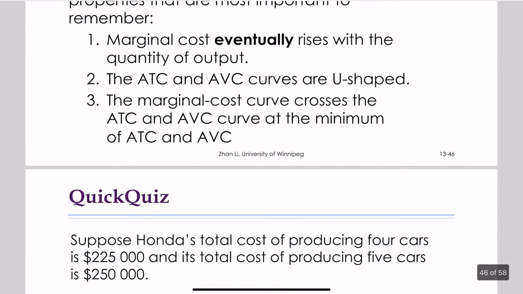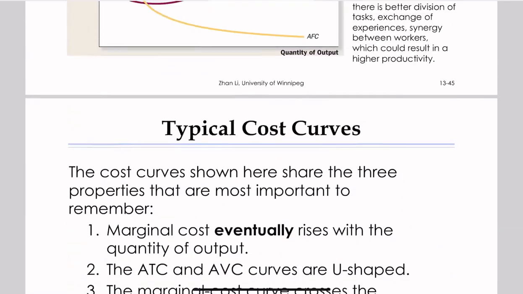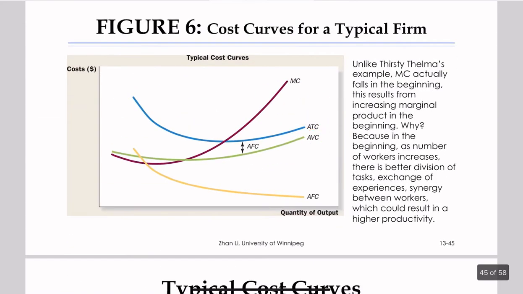And third, the marginal cost curve will cross the ATC and AVC curves at the minimum point of ATC and AVC. Right? So this one is the lowest point of the ATC curve, and this one is the lowest point of the AVC curve. And the marginal cost curve will exactly cut through these two points.